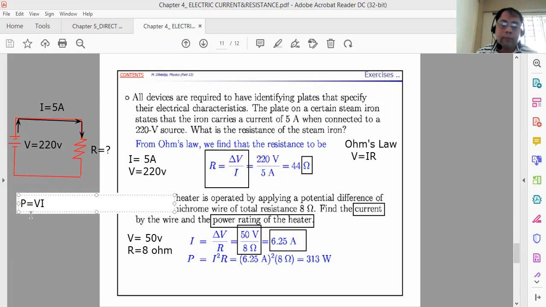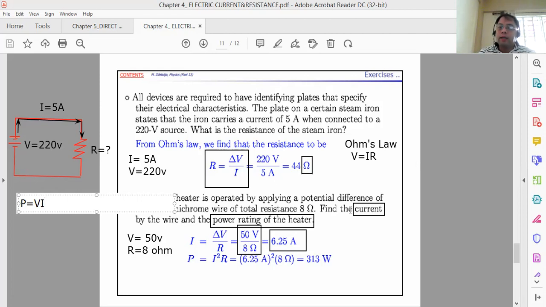But VI may not really be safe if you have a lot of other resistors or appliances connected. Now, the power rating of the heater will be the current squared, multiplied by the resistance of the heater of 8 ohms. So 6.25 squared times 8 ohms will give you 313 watts of power. This is how much power is being used by this heater.